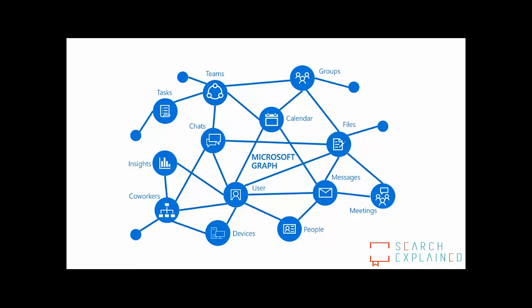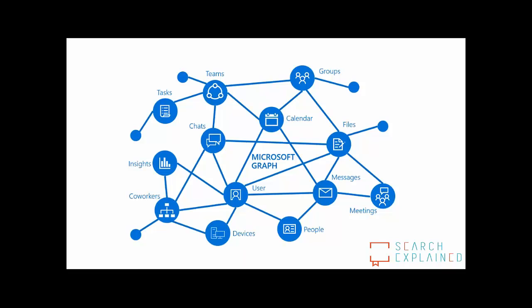So if you think about a Microsoft Graph, it stores a lot of information about the users, about the content in your tenancy and the relationships between them, which is a lot of rich information, and this provides a capability to display personalized content.